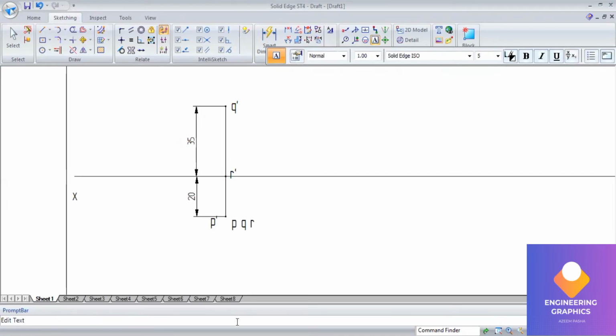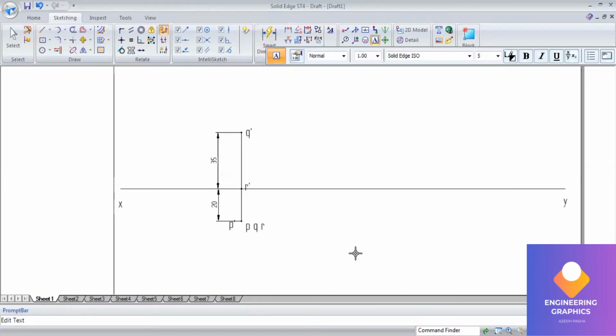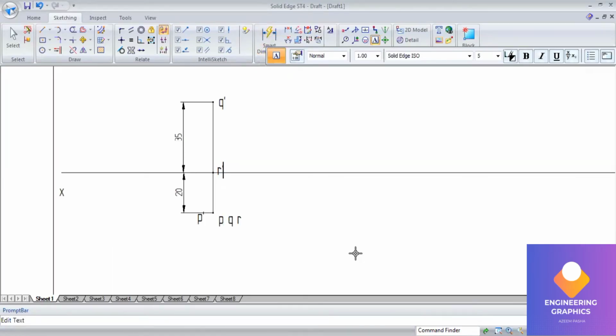So this completes the problem, and here we should mention in which quadrants they are lying. Point P lies in the fourth quadrant, and point Q lies in the first quadrant.